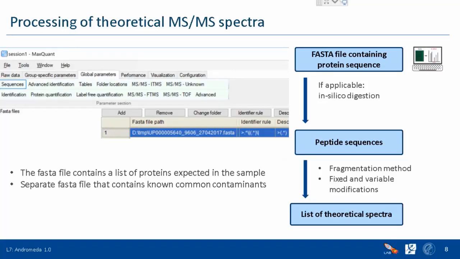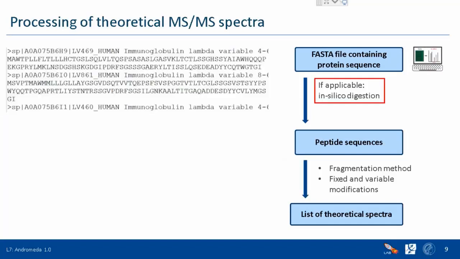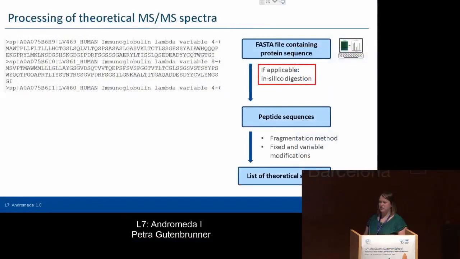Now this is an example of how such a FASTA file looks, and you have several protein sequences. In the sample preparation step you have the proteins and then you digest them into peptides. So when we generate the theoretical spectra, we have to do the same computationally.